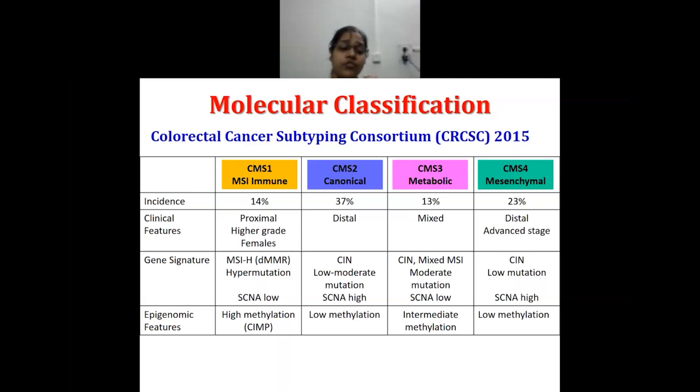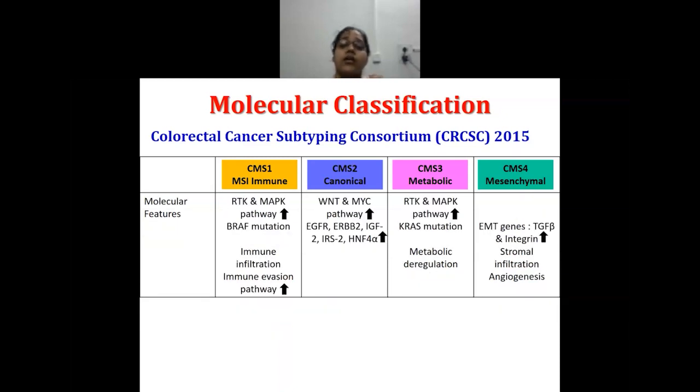Among the epigenomic features, high methylation, that is the CpG island methylator phenotype, was noted with CMS1, while CMS3 had intermediate methylation, the rest two having low methylation.